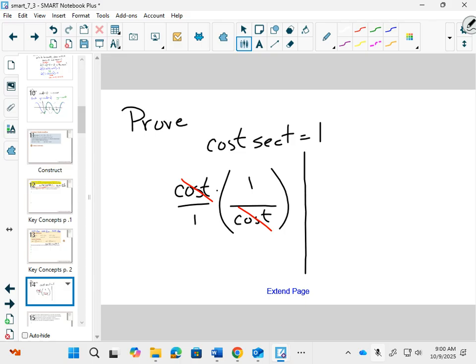And then you would just have 1 times 1, which is 1. As soon as your left side and right side are the same, we write a little statement that the left side equals the right side. The 3 dots in math mean therefore. Therefore, the left side equals the right side.